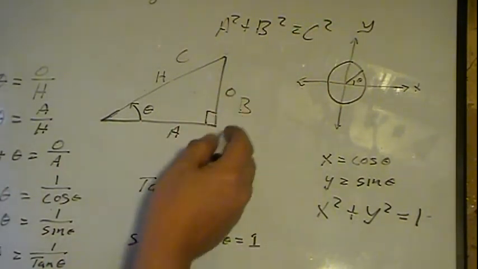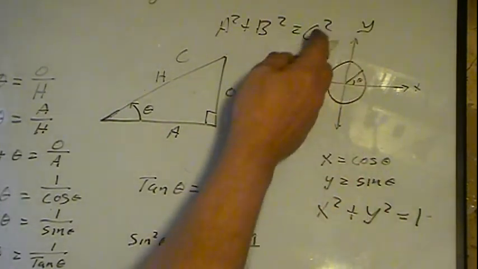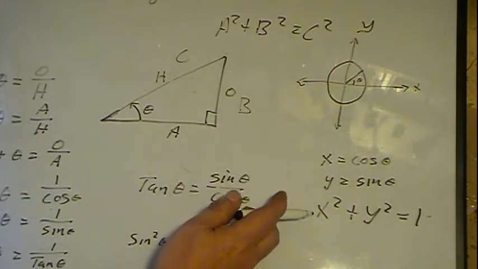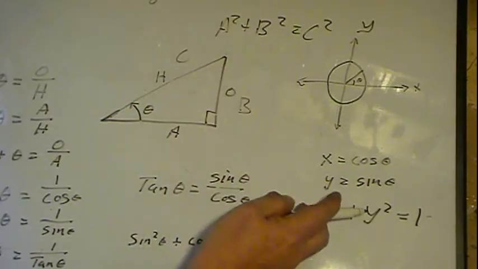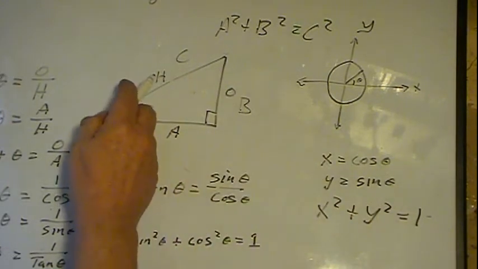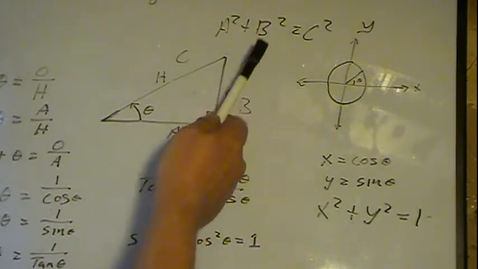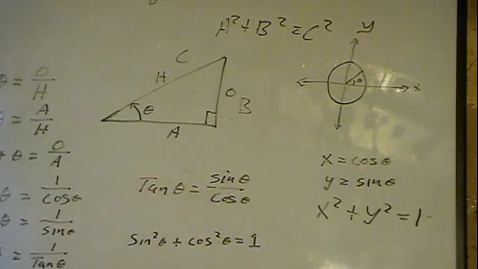Well, that's actually the same thing as this. If you put that on a coordinate system, x, y, then A is x, B is y, and C will be the 1, or h, or hypotenuse. That's your simple solving of a right triangle.